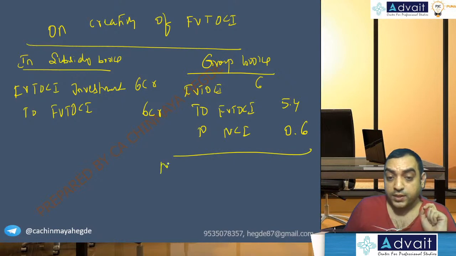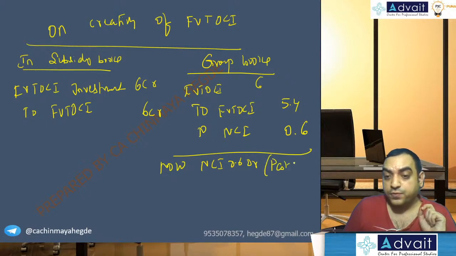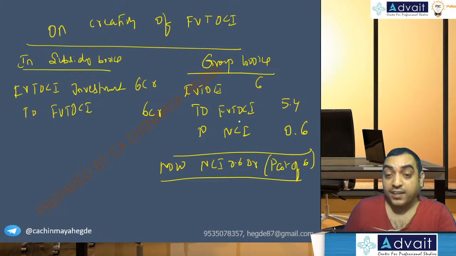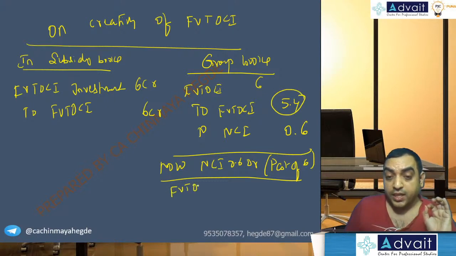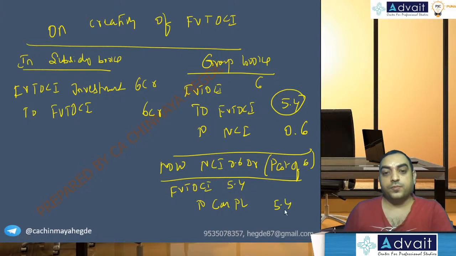Now what are we doing? Now NCI 0.6 is debit, which is part of the net assets. How much is part of the net assets? 6 crores. And this 5.4 is debited from the FVT OCI account and credited to ConPL, 5.4. Dear friends, are you getting the clarity now?